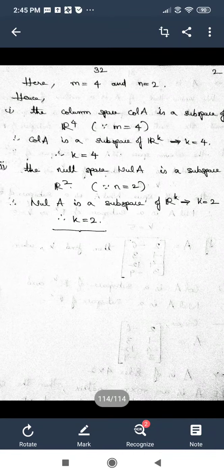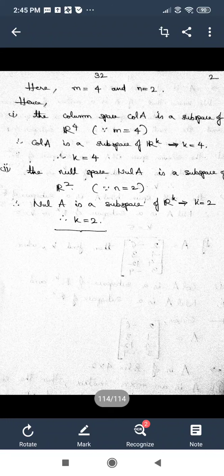But in the question there is no m and no n. We are asked to find the value of k when null A is a subspace of Rk, and hence we should write the answer in another step taking Rk.